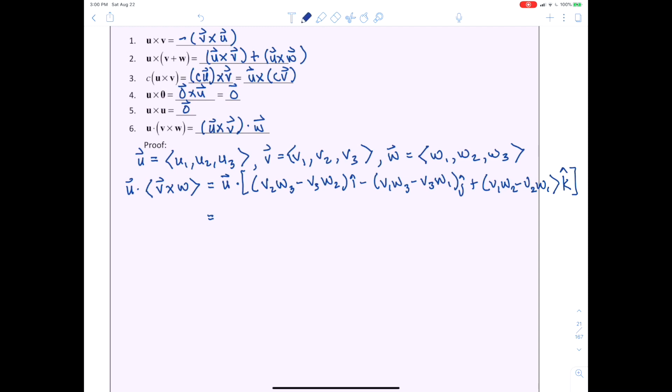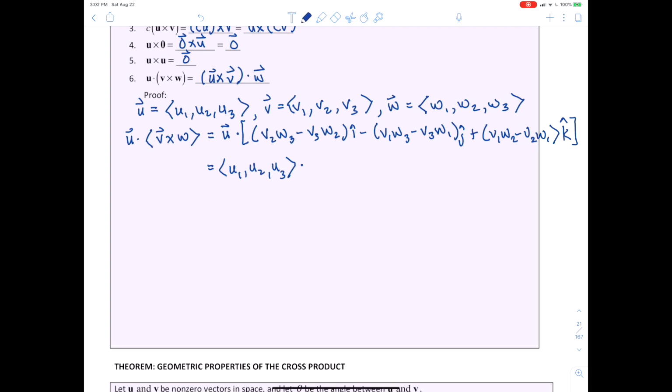And so we'll have U1, U2, U3 dot, putting it in component form, V2 W3 minus V3 W2, comma, V1 W3 minus V3 W1, comma, V1 and actually they would be negatives, right?